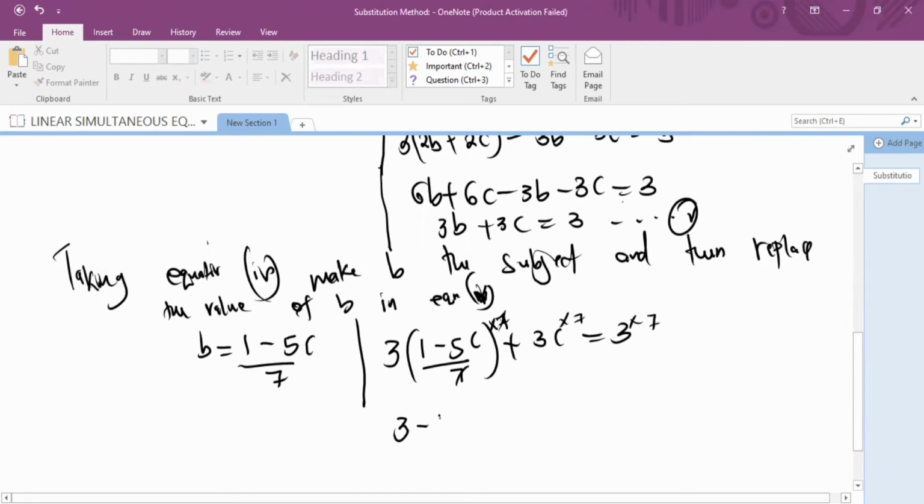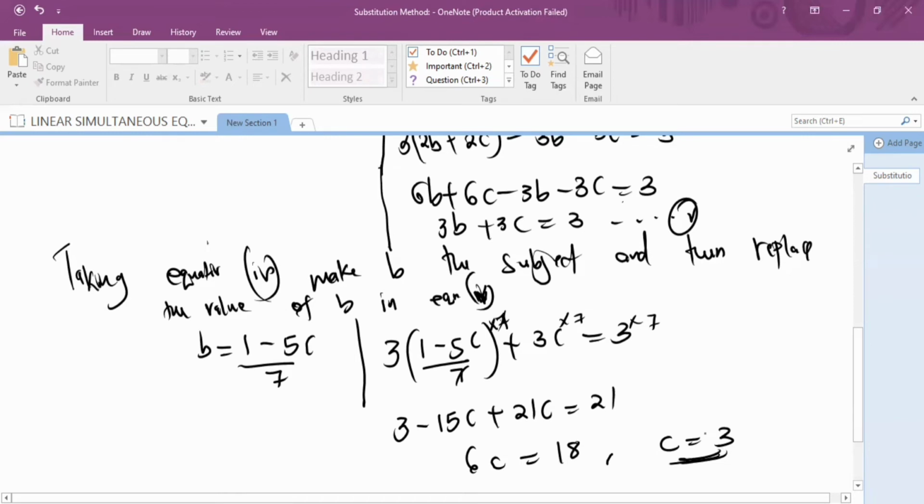Opening this bracket, we'll have 3 minus 15C plus 21C is equal to 21. Okay, 21 minus 3, that will give us 6C is equal to 18. So clearly C is equal to 3.